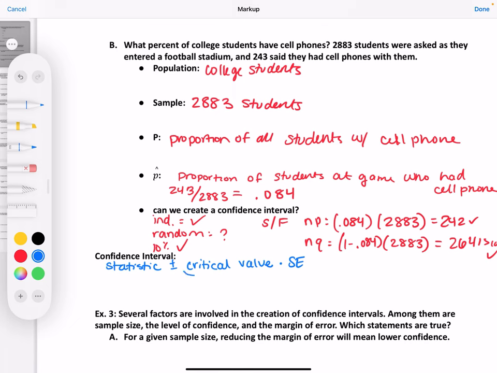And this critical value times standard error is the margin of error. So confidence interval in symbols is equal to p hat plus or minus z star times the square root of p hat q hat over n.